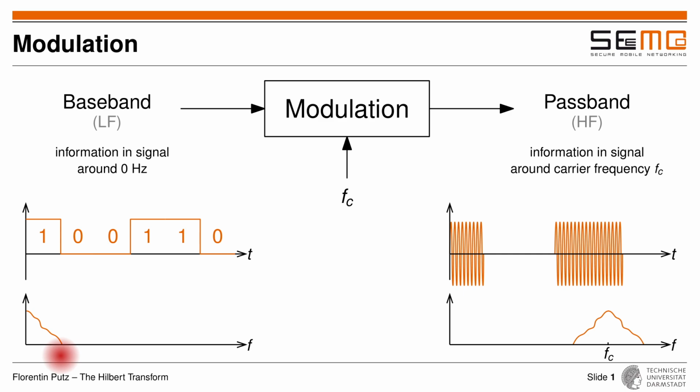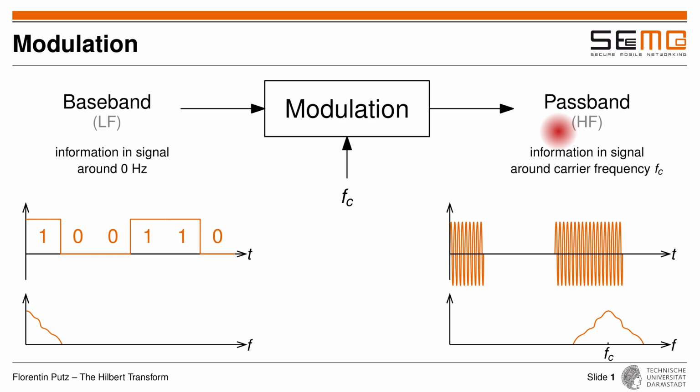So because we want to use a shared medium at the same time, we allocate different frequency bands to different applications and allow them this way to transmit at the same time. And using modulation, we can transmit the same baseband signal on different carrier frequencies and then receive different passbands.